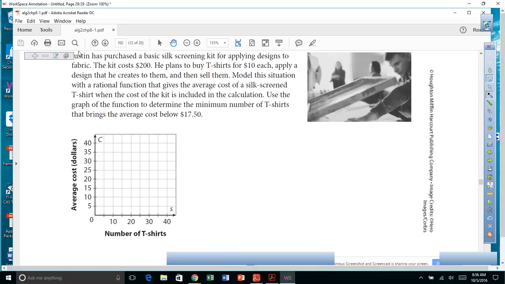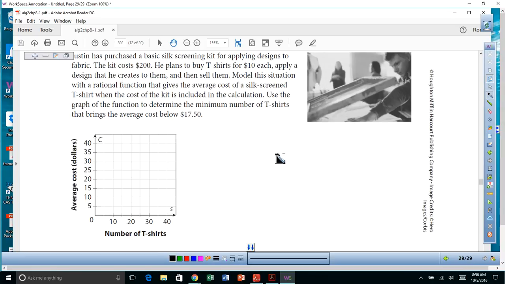So let's see here. The kit costs $200, so that's going to be plus $200. And he plans to buy t-shirts at $10 each. So we've got f of x equals 200 over x plus $10. Okay. All right.